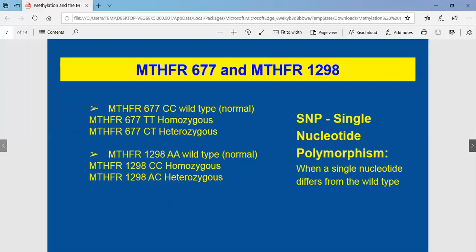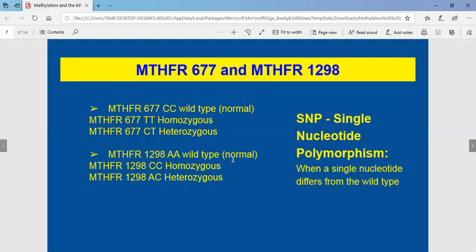So we separate the main MTHFR mutations into MTHFR 677 and 1298. Those are two different ones. From working with patients in clinical practice, what I have noticed is that with MTHFR 677, if you are homozygous, meaning you have two SNPs, two mutations in one gene, that person is likely to have more anxiety, more depression, more tendency to cardiovascular problems and hormone problems.